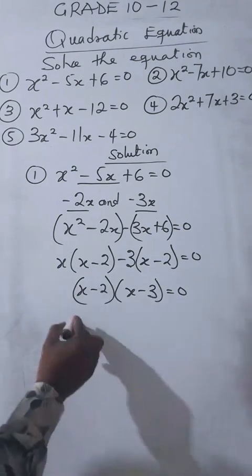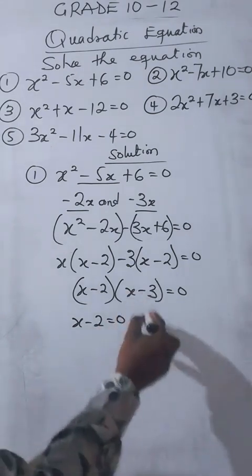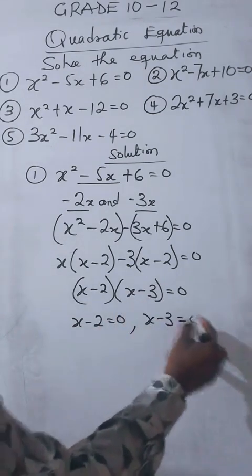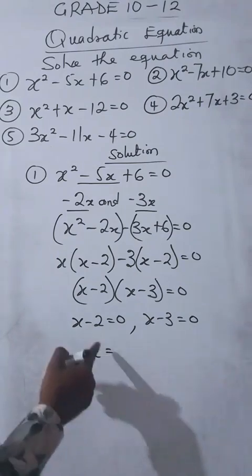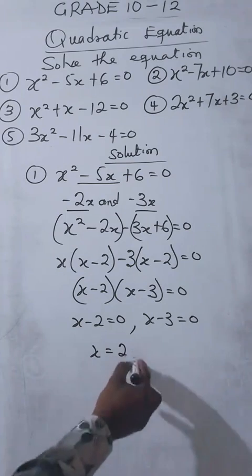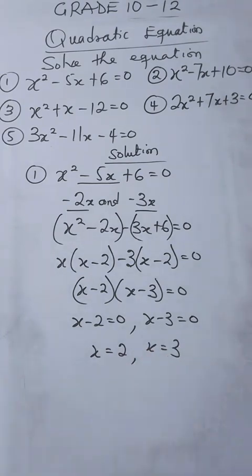So here you have x minus 2 equals 0, then x minus 3 also equals 0. So x is equal to 2, then x is equal to 3. Right, so that is very simple.